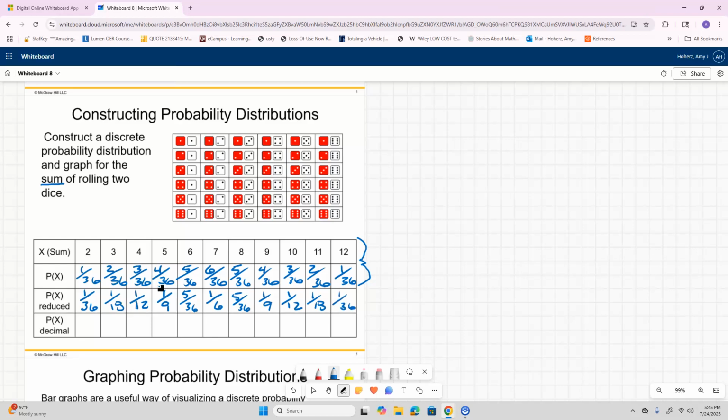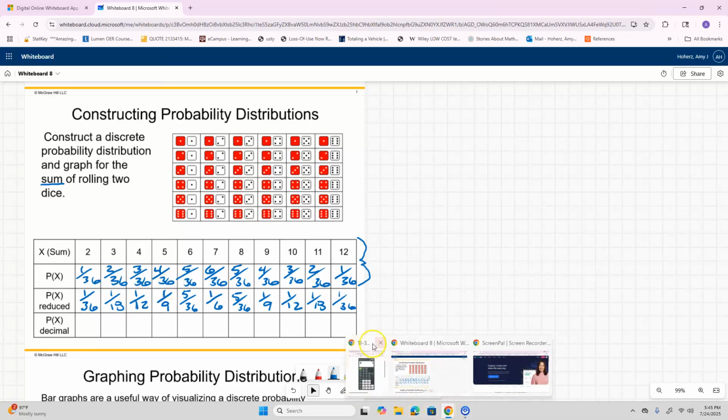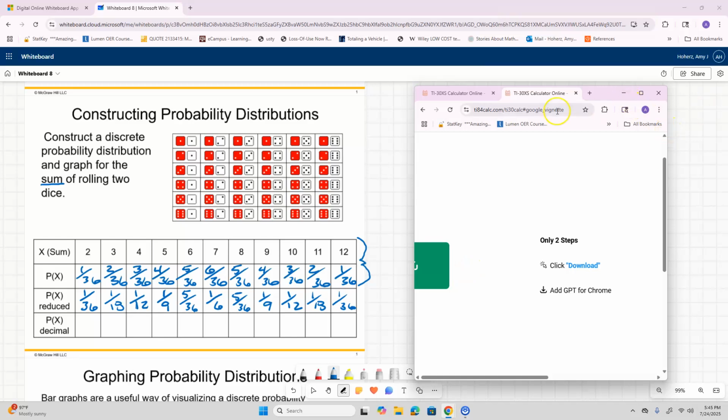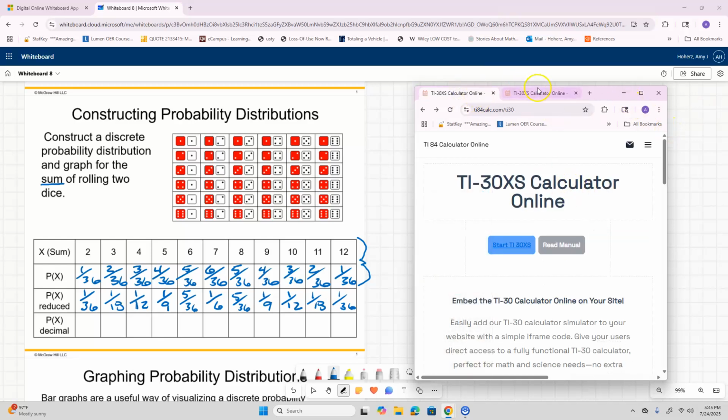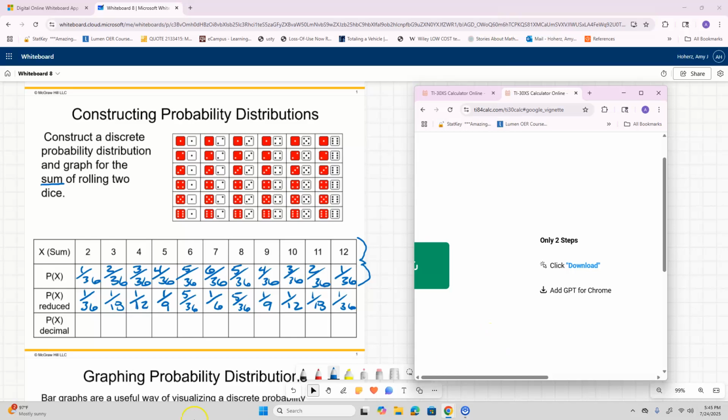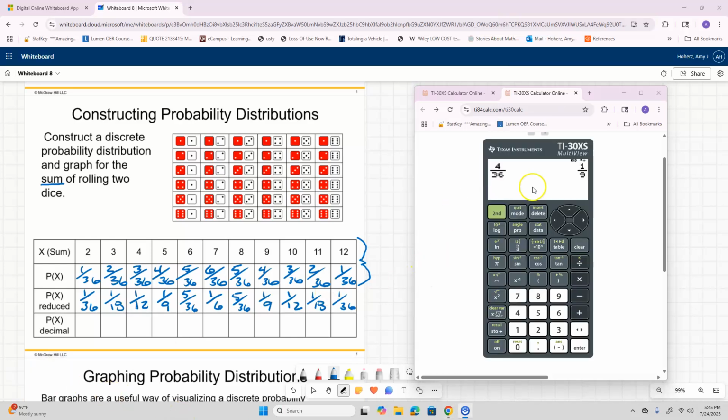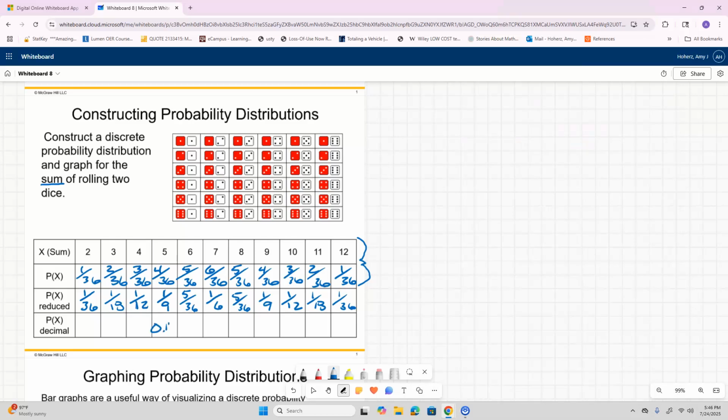And then we can change all of those to decimals. So we can put it in as a fraction and then use our F to D button. So since I already have 1/9 in there, I'll leave that there. So 1/9 is 0.111.